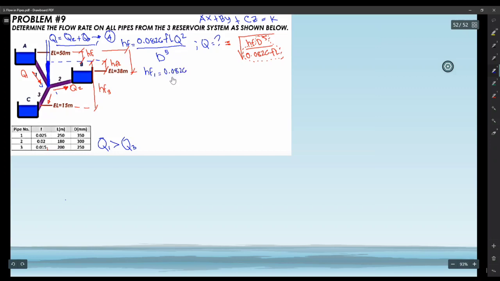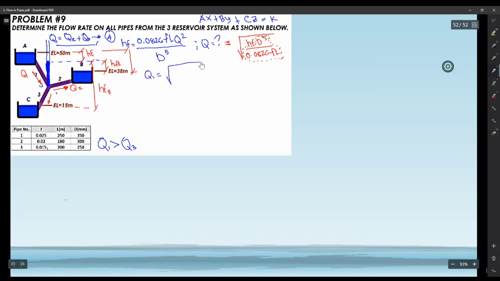0.0826 of F. Gumawa na nga pala ako nito. Ito na lang, in terms nga pala nito, Q1 tayo using this equation.